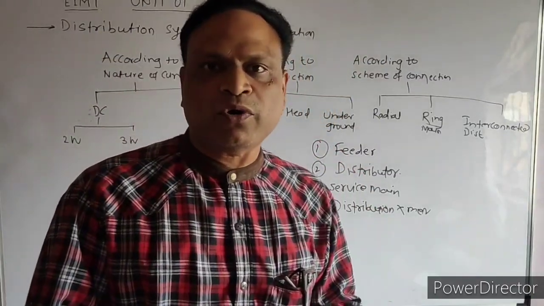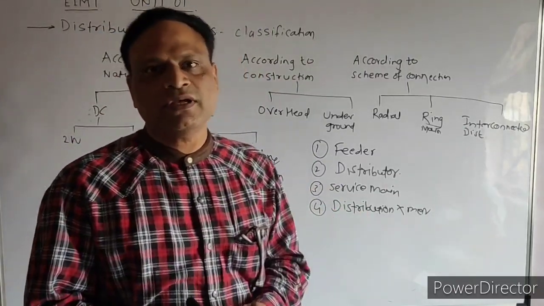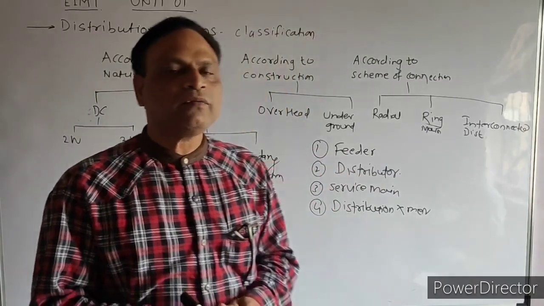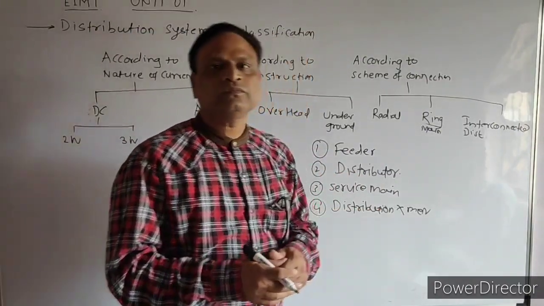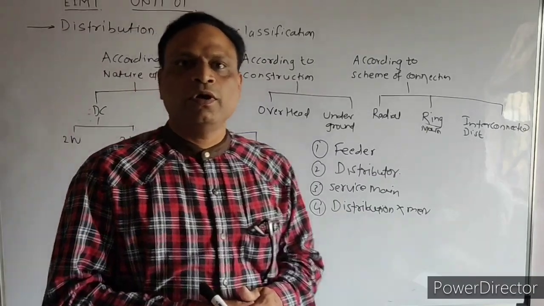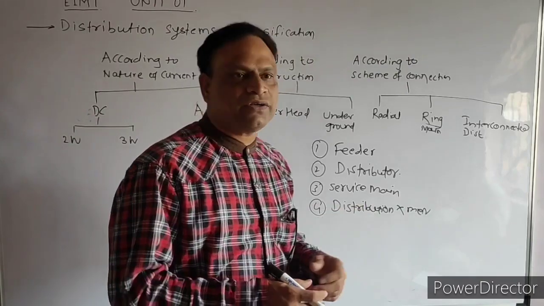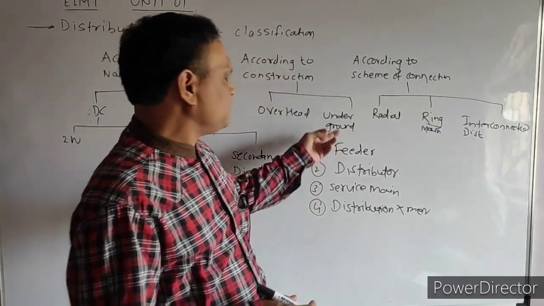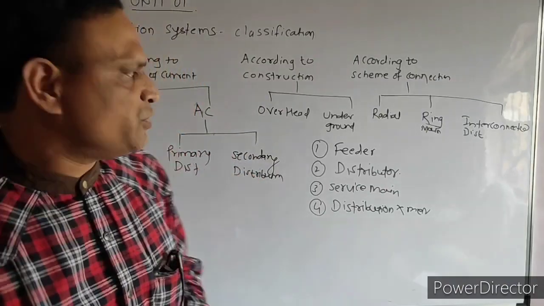Distribution transformer is the last component, and that is nothing but a transformer which is a delta star transformer. It is generally a step down transformer which is used to supply the consumers. So this is regarding the classification of various components of distribution system.